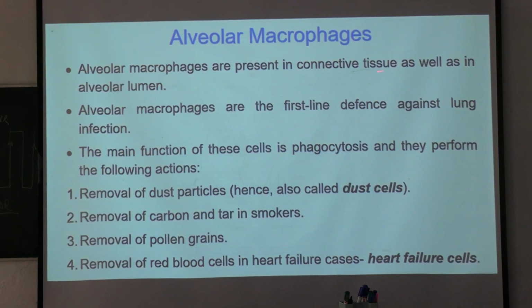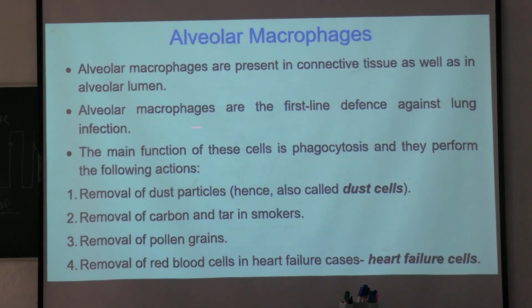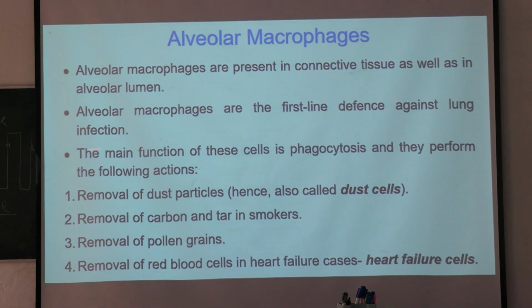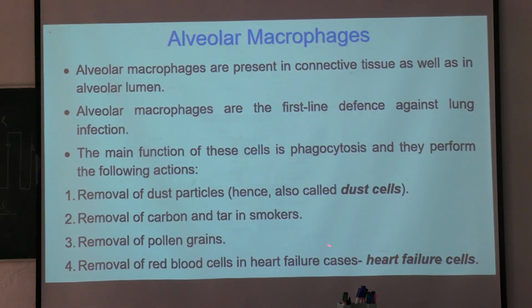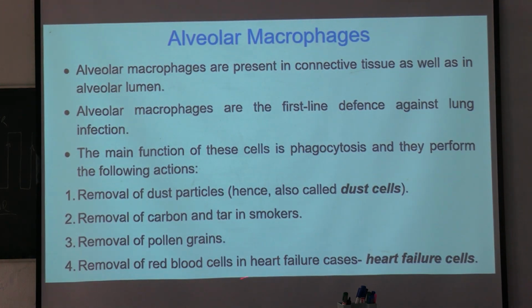Alveolar macrophages are present in connective tissue as well as in alveolar lumen, and alveolar macrophages are the first line of defense against lung infection. Main function of these cells is phagocytosis, and they perform the following actions: removal of dust particles, hence called dust cells, removal of carbon and tar in smokers, removal of pollen grains, and removal of RBCs in heart failure.